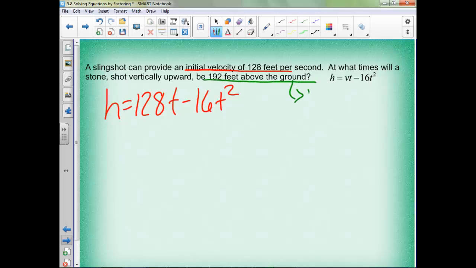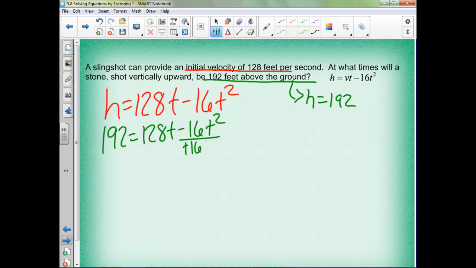So this means when our height is 192, or when our height over here is 192. Now, notice we want it equal to 0, but we also would like to have this t squared term positive. So let's go ahead and actually move all of this to the left.